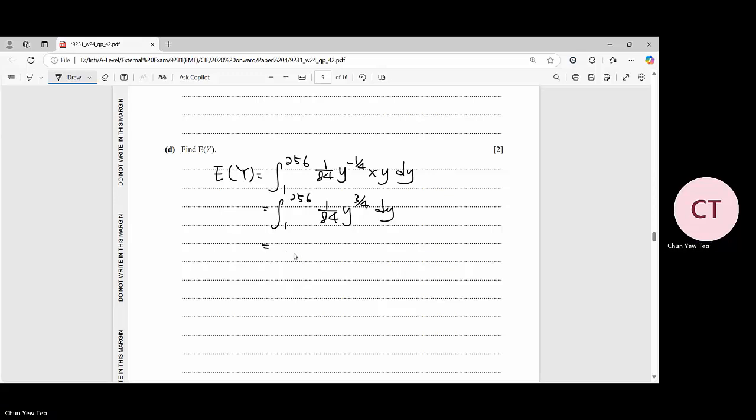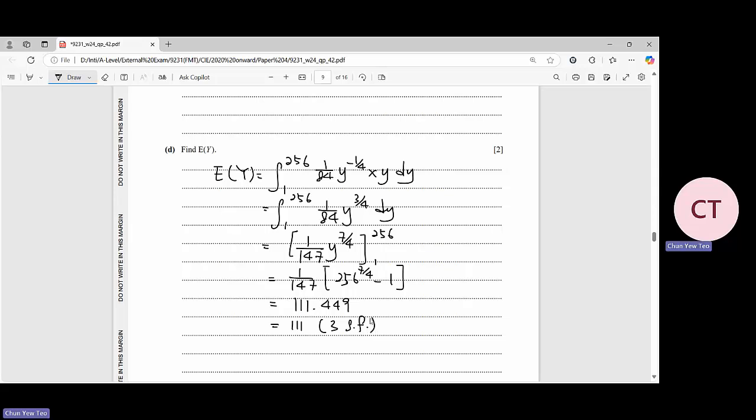Integrate it, you will get 1 over 147 y to the power 7 over 4 from 1 to 256. Replace them inside: 256 to the power of 7 over 4 minus 1. Press a calculator, it will be 111.449, or if you give the answer in 3 significant figures, it will be 111. So this will be the answer for question 4D.